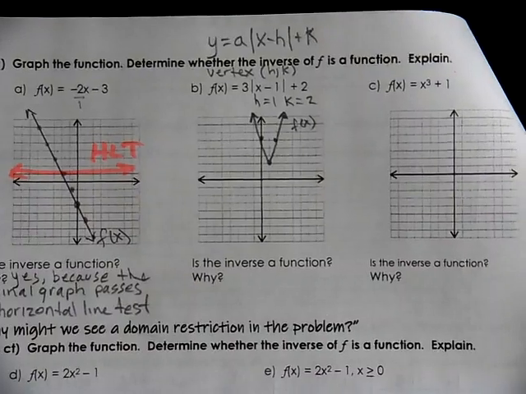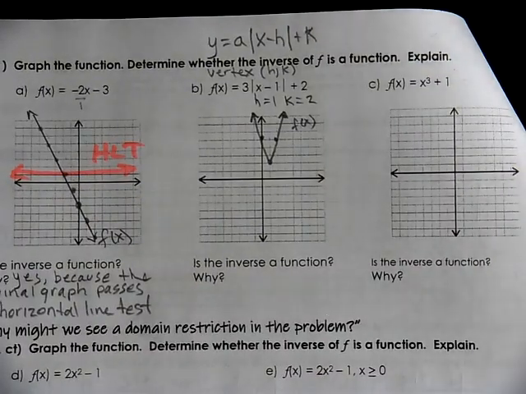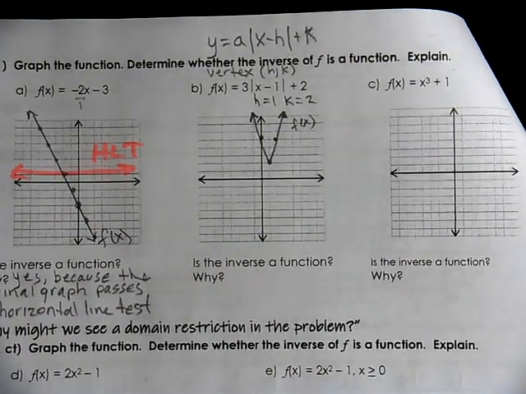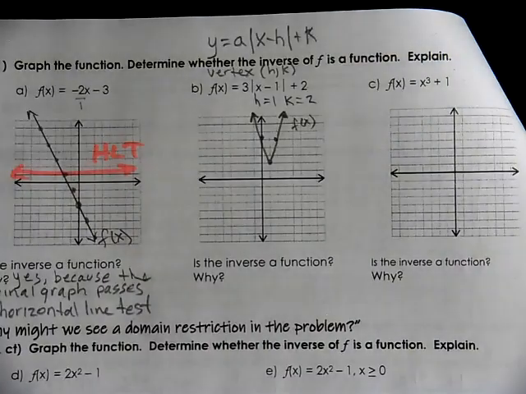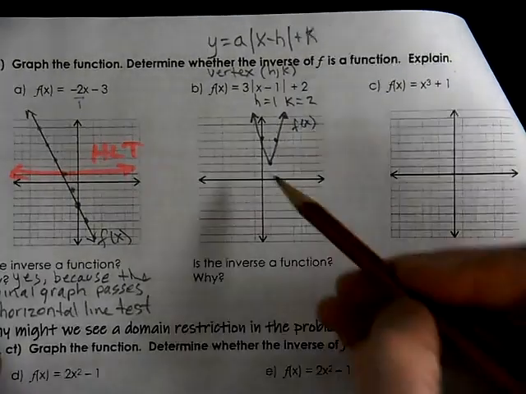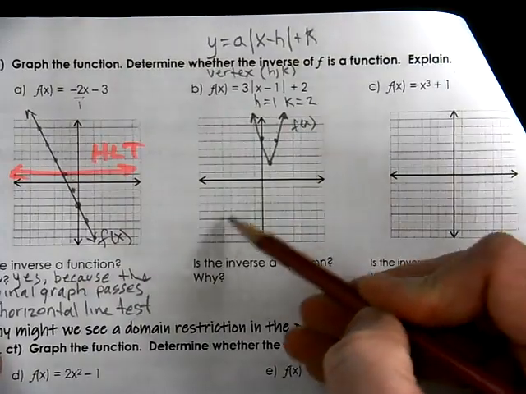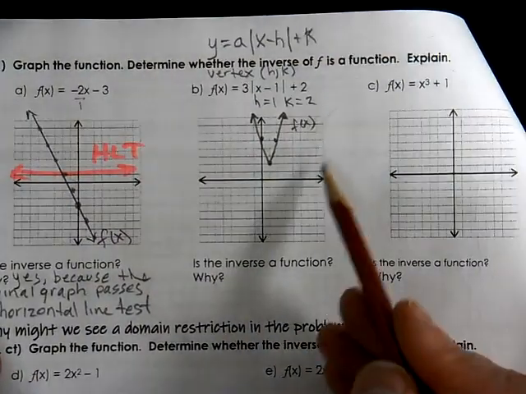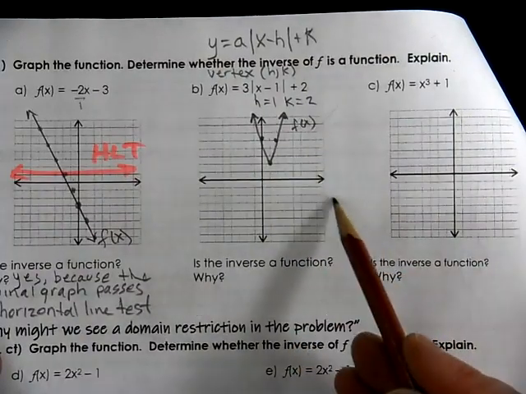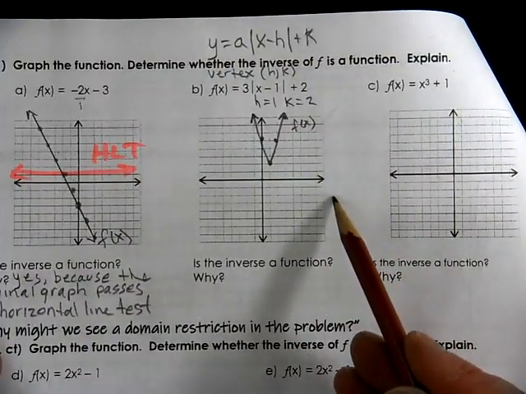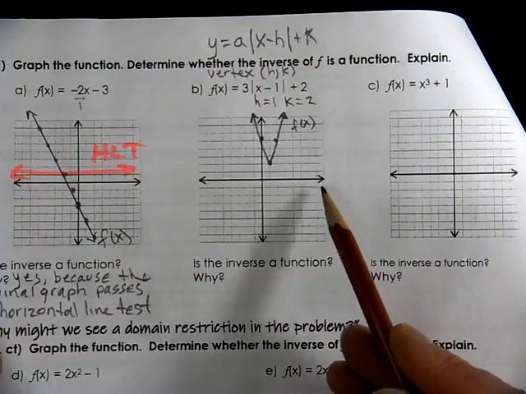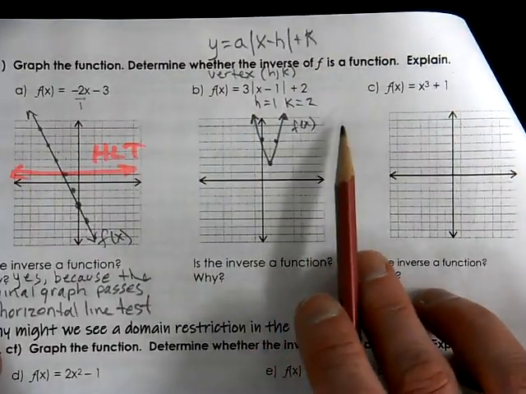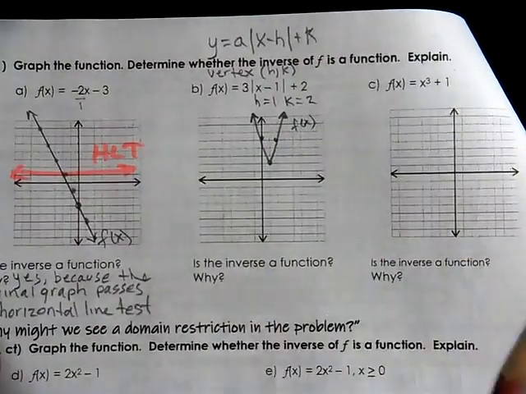This is our original graph. Would an inverse of this be a function? If we reflected this over the line y equals x, the graph would open up sideways, and a vertical line would touch it twice. So we don't even have to think about that.